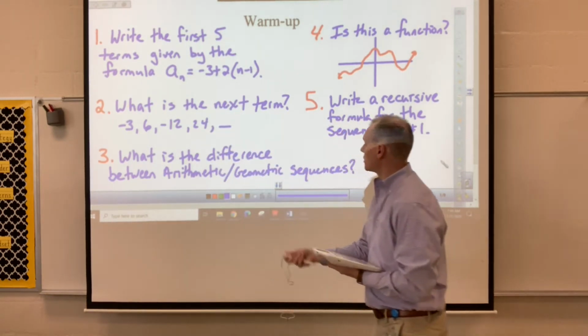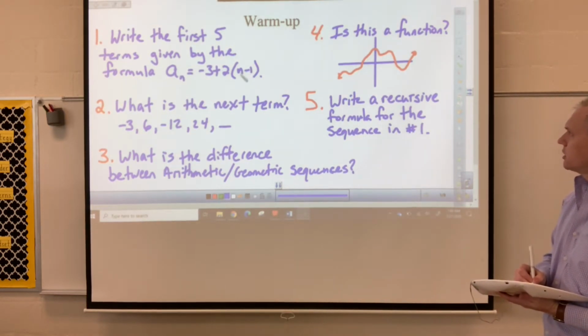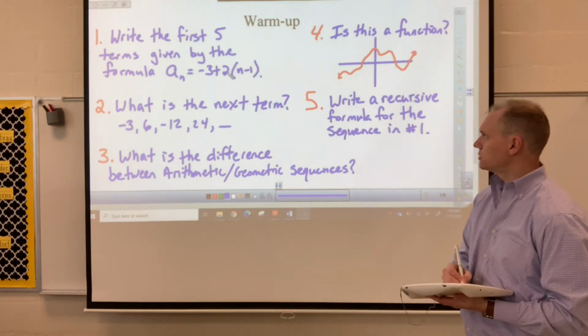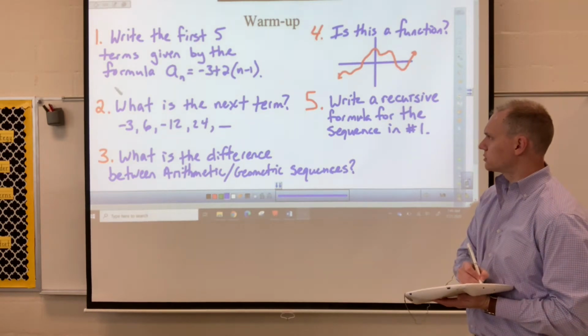So let's first start by inserting 1 into here. So 1 minus 1 is 0. 0 times 2 is 0, and then 0 plus a negative 3 is just negative 3. So we're going to start with negative 3.